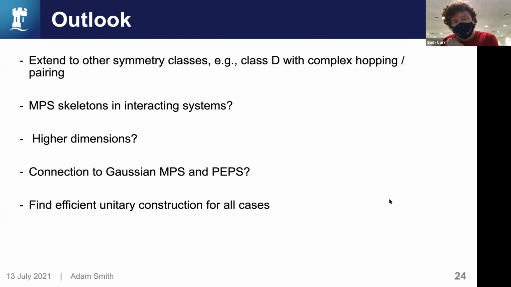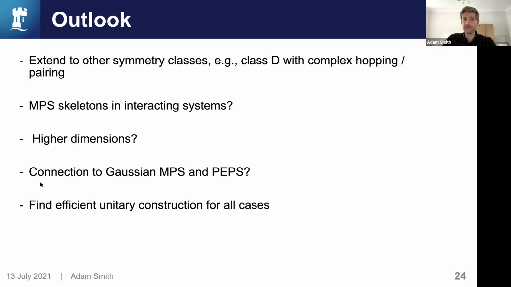So I was just saying there's also connections to Gaussian MPS and Gaussian PEPs, which we have begun to understand, but there's still many questions about the exact relationship between our MPS-solvable models and these Gaussian MPS.